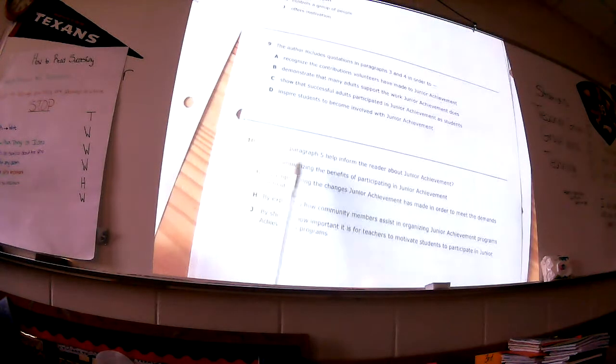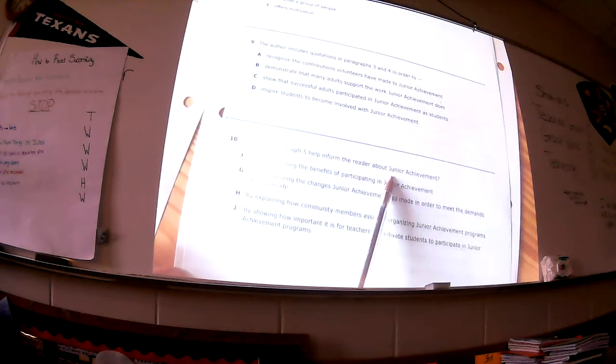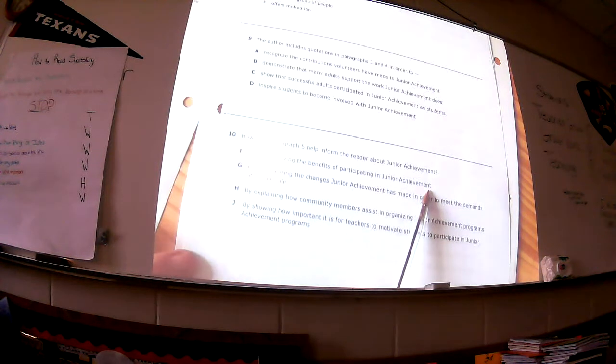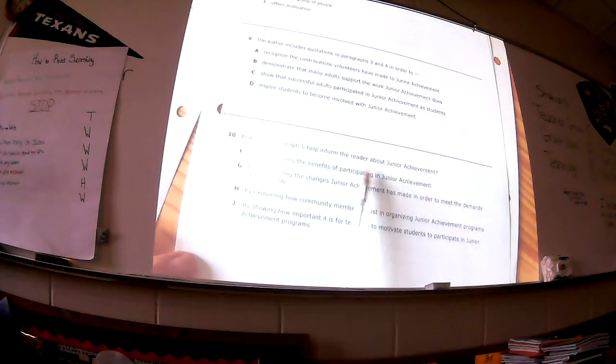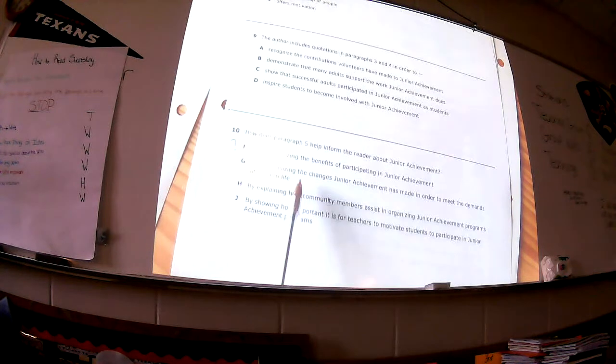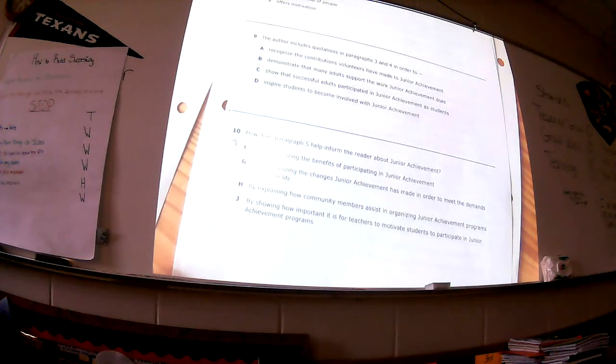It says, how does paragraph 5 help inform the reader about junior achievement? F, by summarizing the benefits of participating in junior achievement. Did we list out the different things they do? The benefits of, yes. Okay, so maybe put a question mark there. G, by emphasizing the changes that junior achievement has made in order to meet the demands of modern life. Does that paragraph talk anything about that? Did we see anything about making changes, demands?